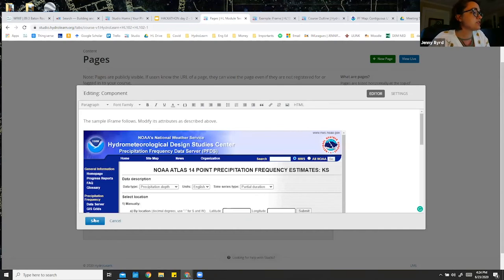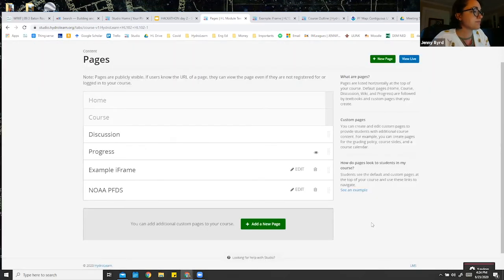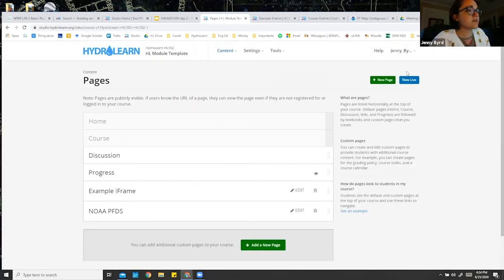If you want to change the title of the page, you go to Settings, change the display name, and click Save. This is saved automatically, so when we go to View Live, we'll see our new page. There it is.